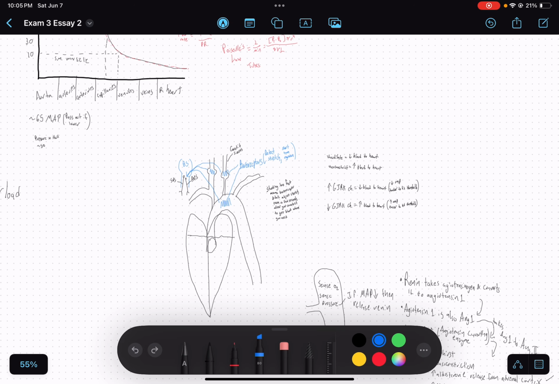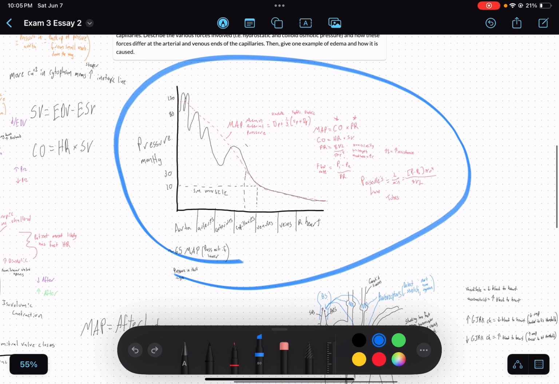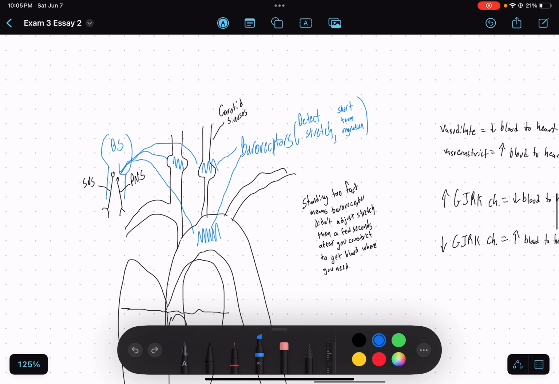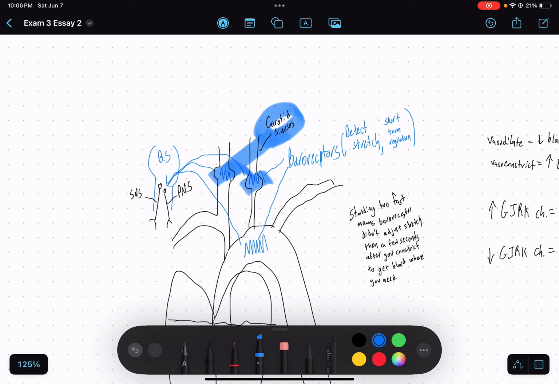The baroreceptor reflex is a rapid negative feedback loop that helps maintain mean arterial pressure, which we're going to talk about up here in just a minute. So what happens is there are a couple places in which they are located, such as the top of the aorta, and in these places called the carotid sinuses.